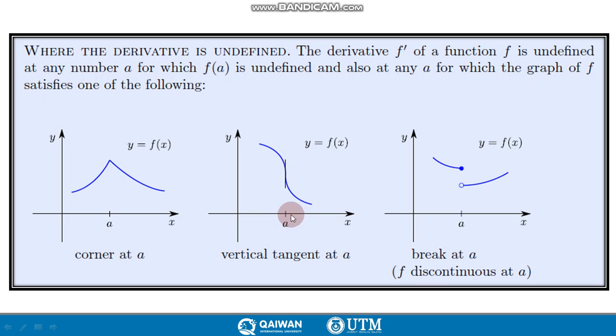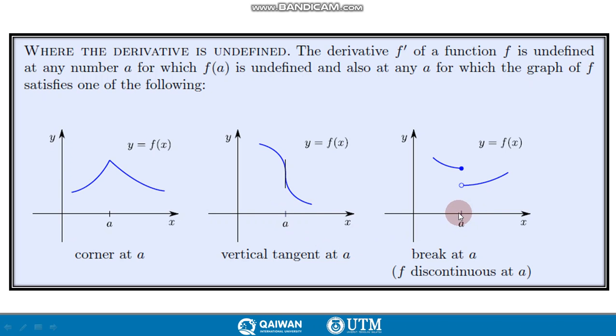And in the other case, if you have a vertical tangent at point A, at this point we say the derivative of the function is undefined.